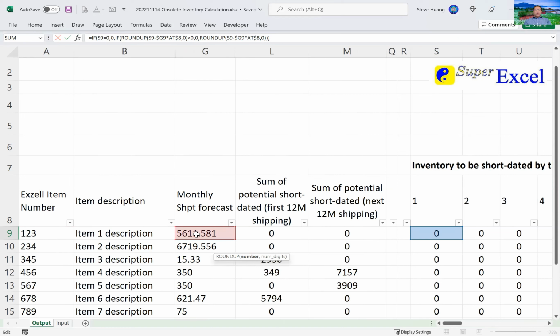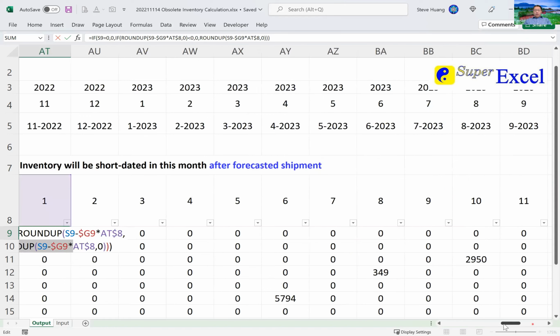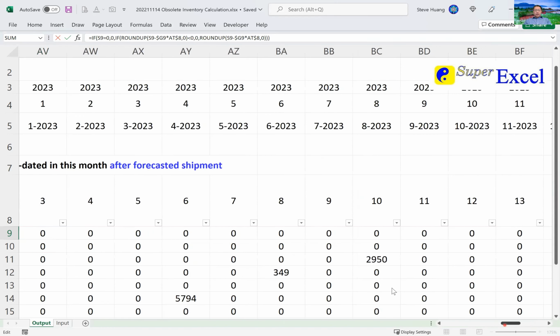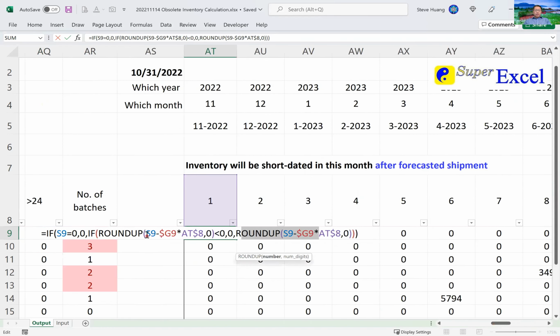So we use this G9 times that 1, and that will tell you in that first month how many units will be shipped out. Basically, given we have so much inventory, we are going to ship this much out. So starting with that inventory, if we ship this out, how much can we have left?